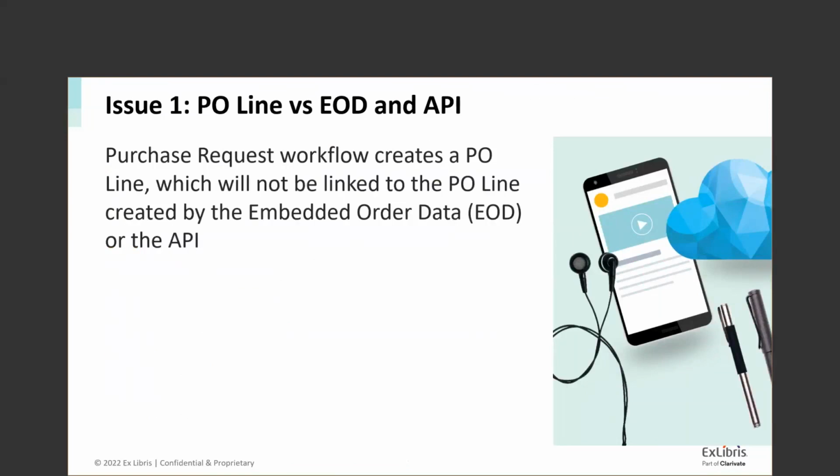So when you use Leganto to create the purchase request, either manually or automatically, after the request is approved for ordering, it creates a PO line. However, if you do most of your ordering with an API or through embedded order data, maybe you use the Gobi API, the Oasis API for ordering, that process creates an additional PO line.